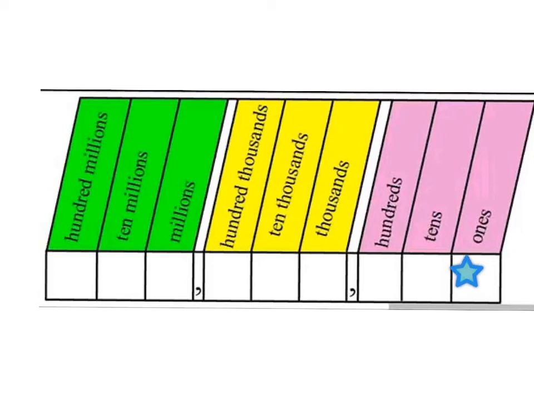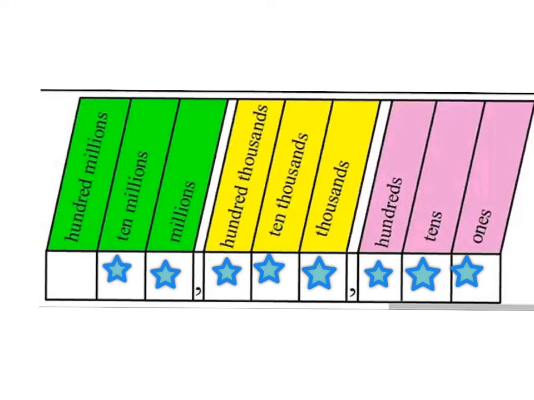Ones, tens, hundreds, thousands, 10,000s, 100,000s, millions, 10 millions, hundred millions. Great job.